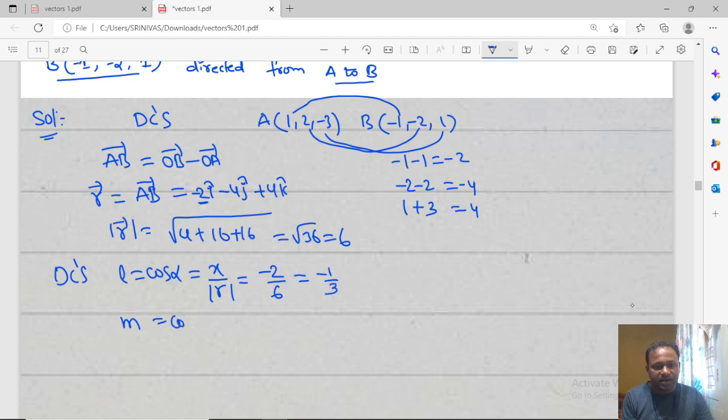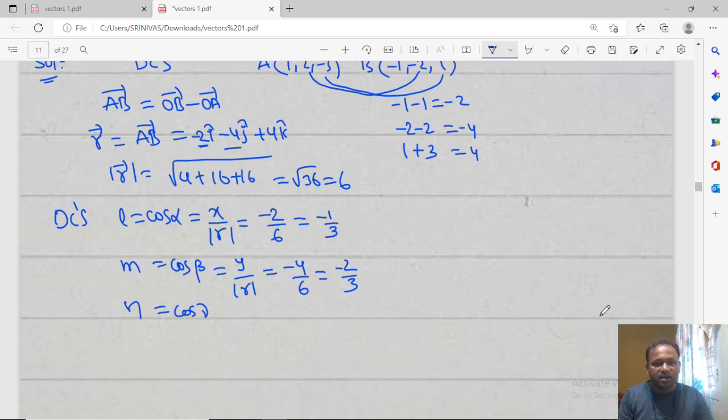M is equal to cos beta is equal to y by mod r, so this is -4 by 6, that is -2 by 3. And the last one, n is equal to cos gamma, which is z by mod r.